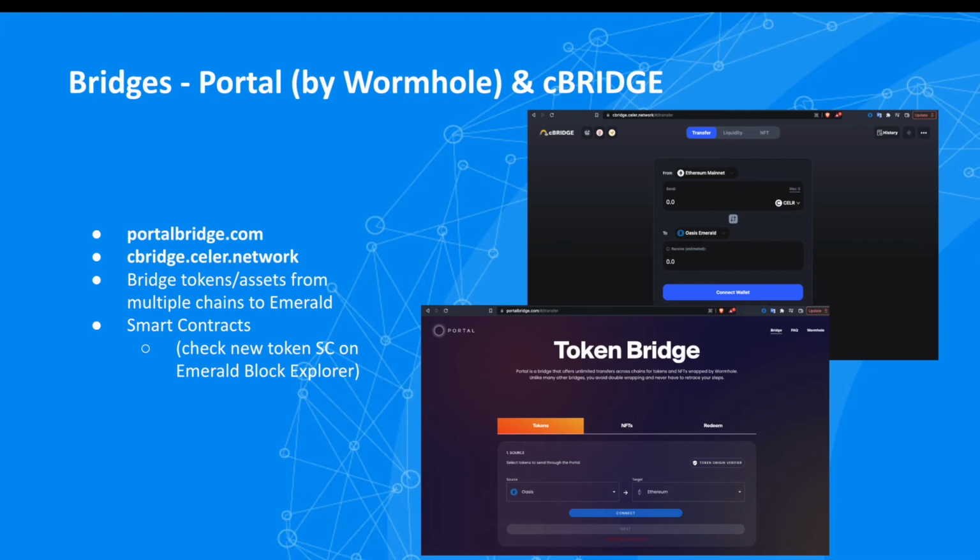That's why it's important to understand how to use block explorers. So for that reason, you can use the Emerald block explorer, right? And you find the name of the bridged asset, the bridged token, and then you find the smart contract and import that smart contract to your wallet.